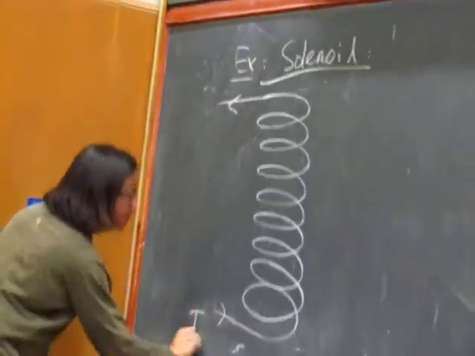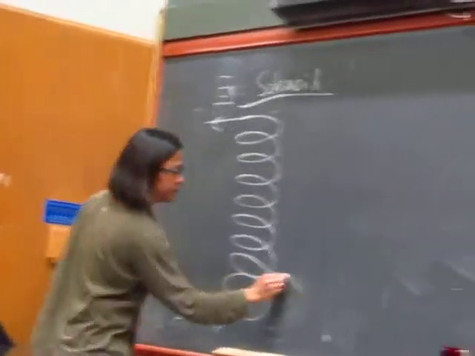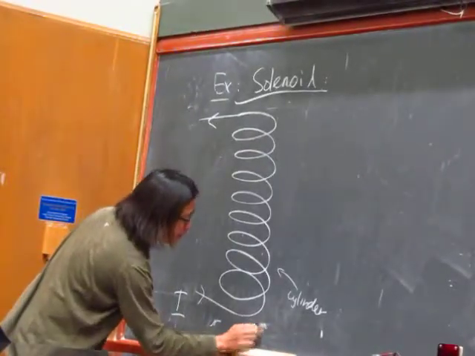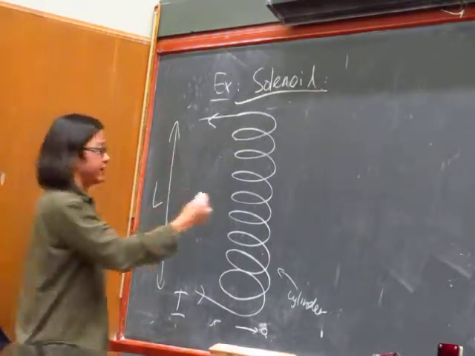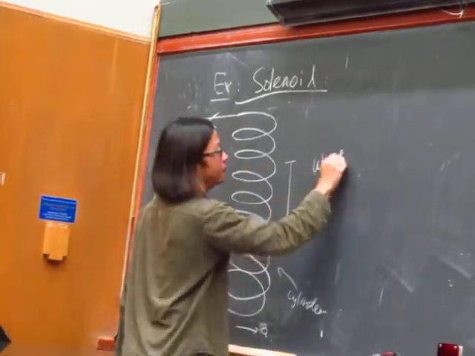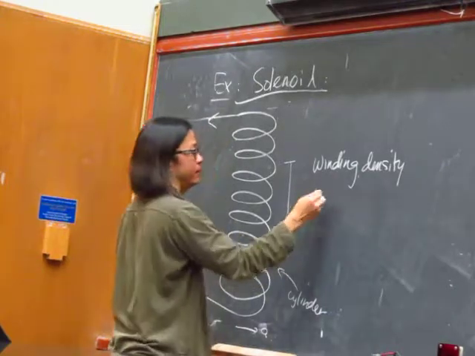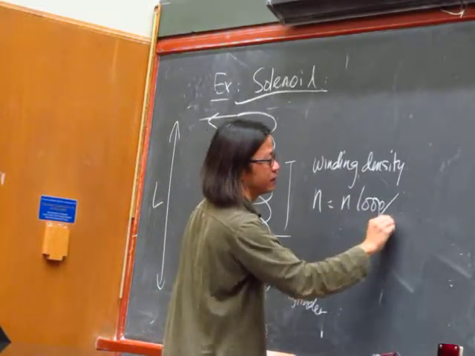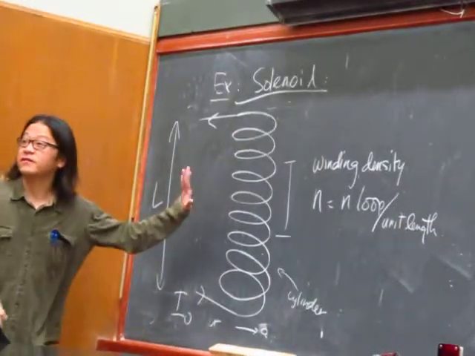So I have current, and I wind it into a cylinder, say of radius R or A, and length L, and the current is I naught, and there is a winding density of N, meaning that there are N loops per unit length. Okay, let's find the magnetic field everywhere.